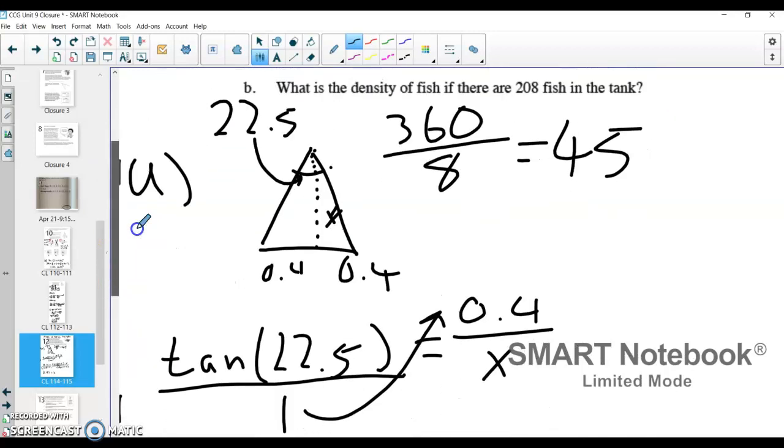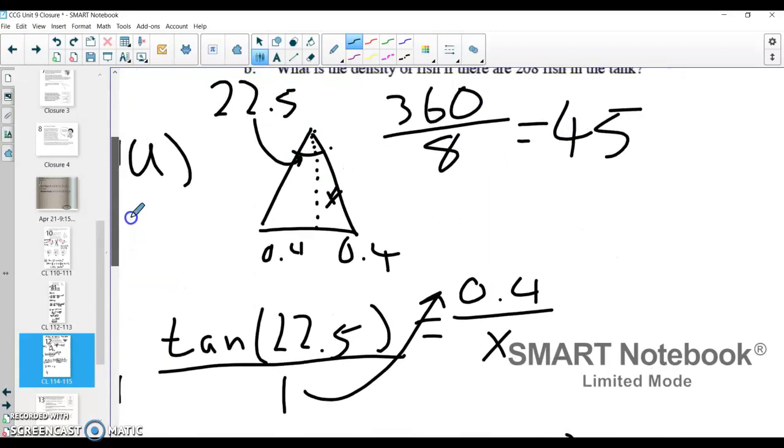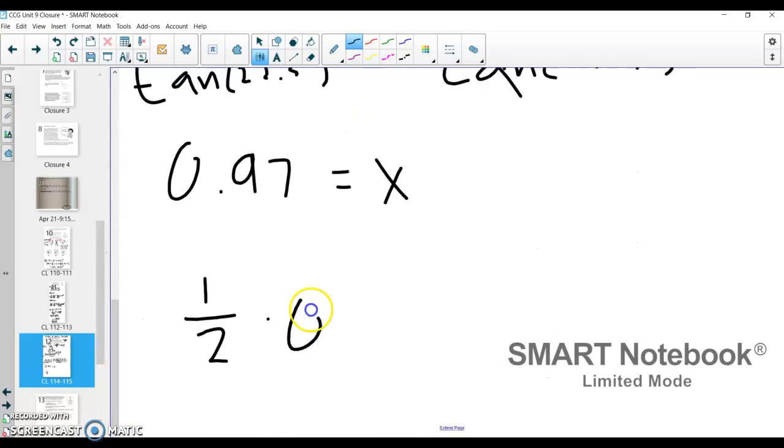All right, but first, to find the area of this triangle, we need 1/2 base times height, and so I'm going to do 1/2 times the base, and I'm going to use the whole base here, the entire base, which was 0.8. And I'm going to multiply that by the height, which was 0.97.